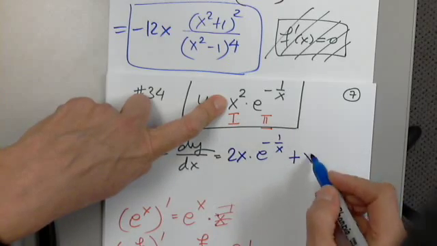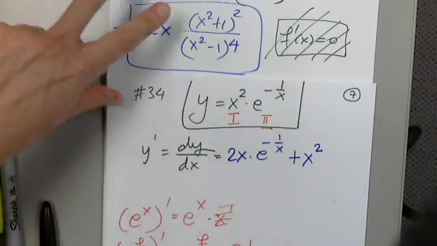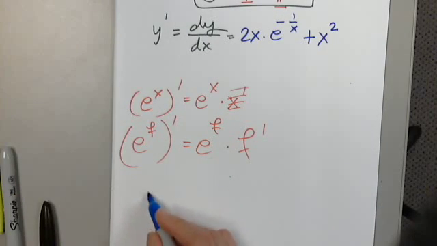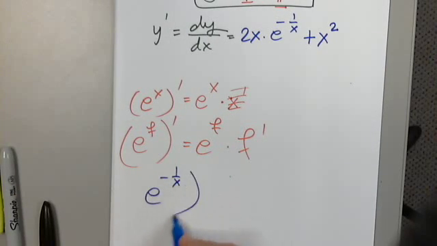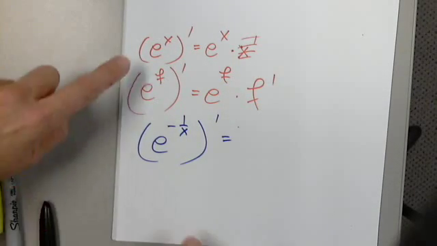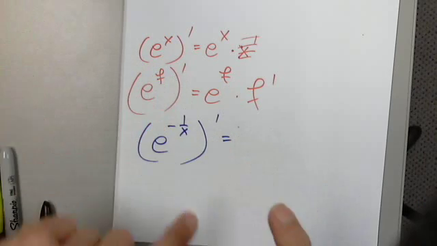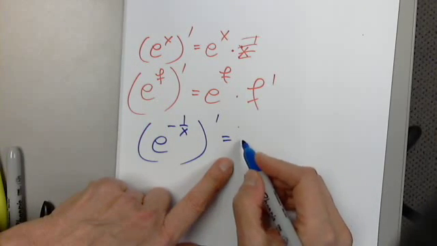this first function prime, and now let's take the derivative of this aside for a moment. E to negative 1 over x prime. It's exactly this. So what do I write first?